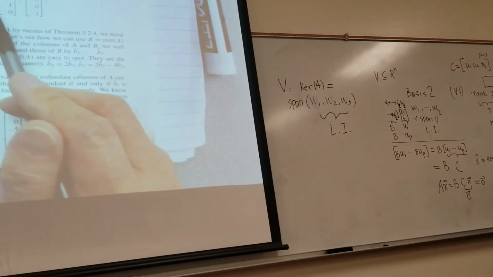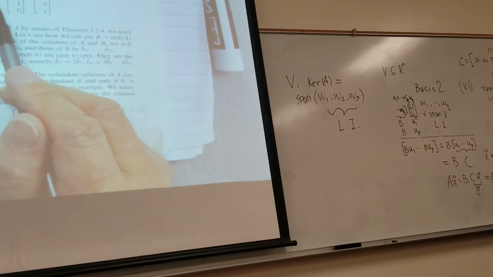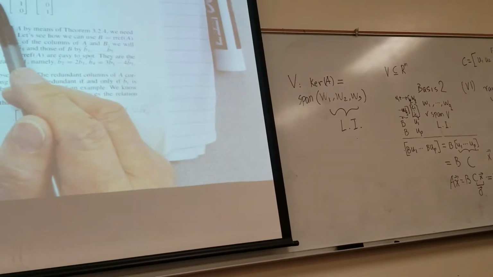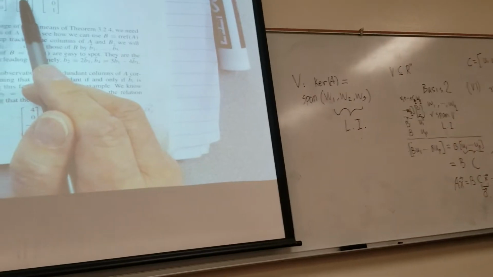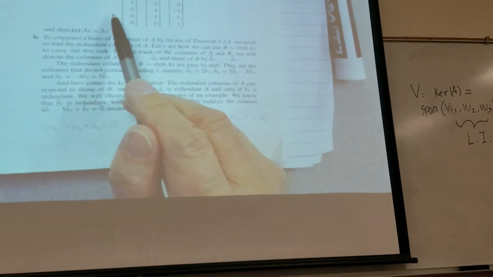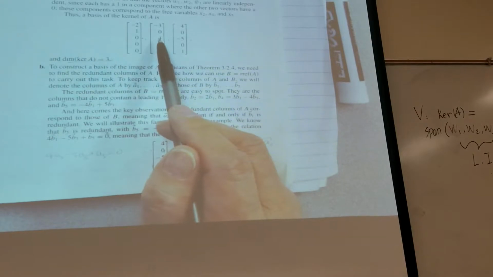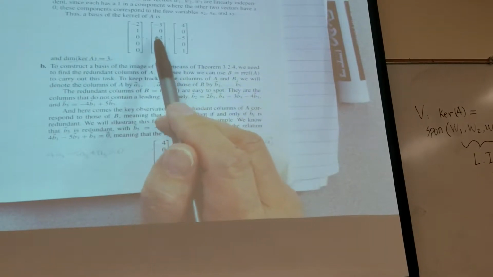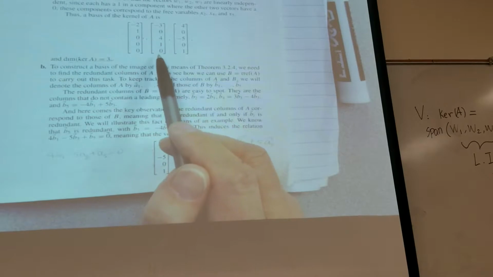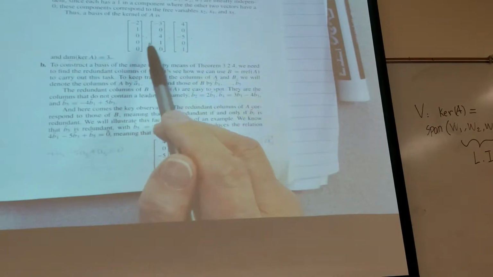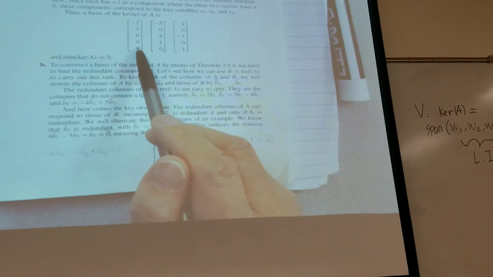You see, the first one has a 0 here. And then the second one, in the same component, you have a 4 there, right? That means the second vector is not redundant, right? It is not a multiple of the first one.